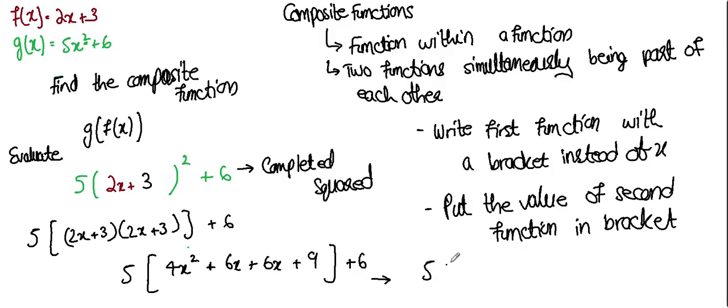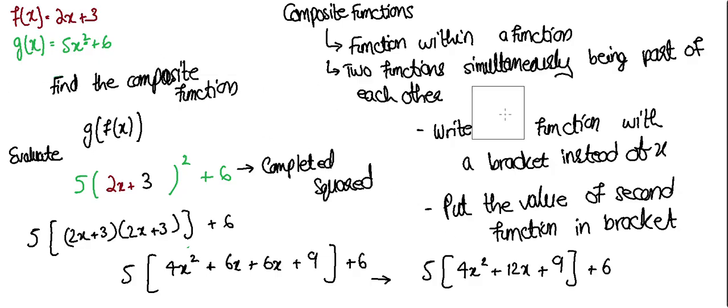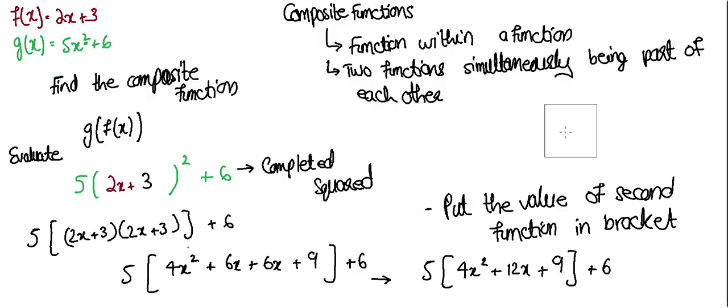Let's move this forward. 5 into 4x squared plus 12x plus 9 plus 6. Let's remove this portion. Are we done writing this, by the way? Okay, let me just remove this.